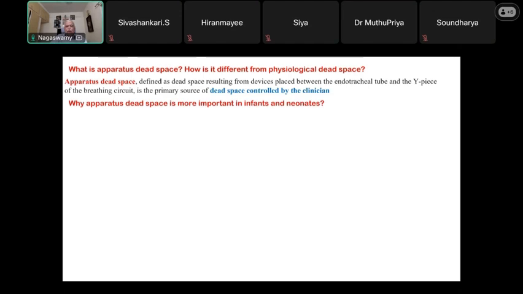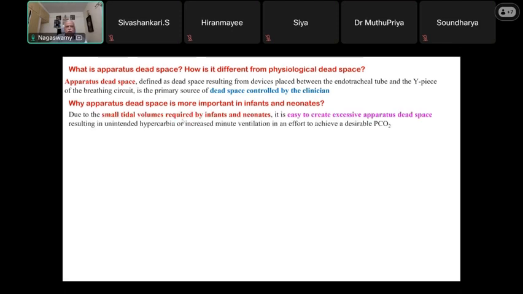So if the apparatus dead space occupies more of the patient's tidal volume, then how much gas exchange can take place? Very minimal. So due to the small tidal volume required by infants and neonates, it is easy to create excessive apparatus dead space, resulting in unintended hypercarbia or increased minute ventilation in an effort to keep the PCO2 normal.